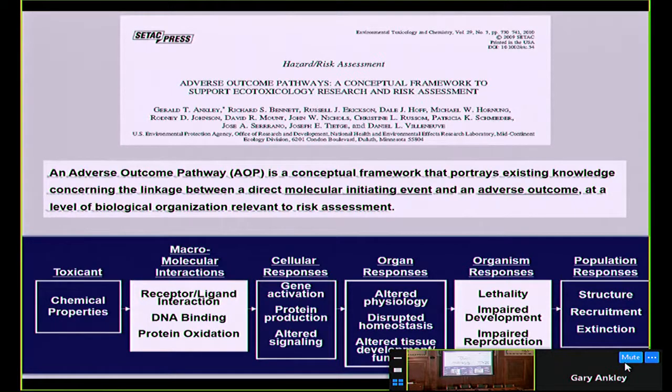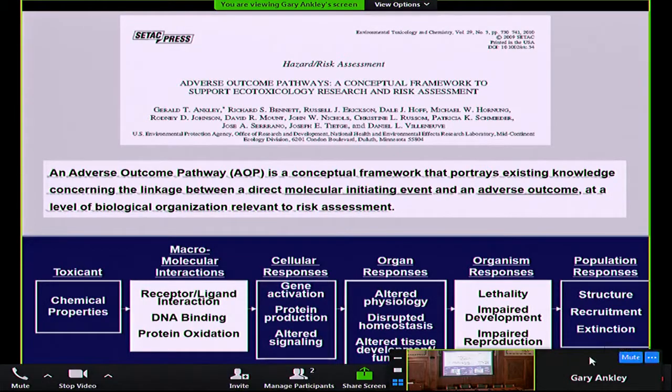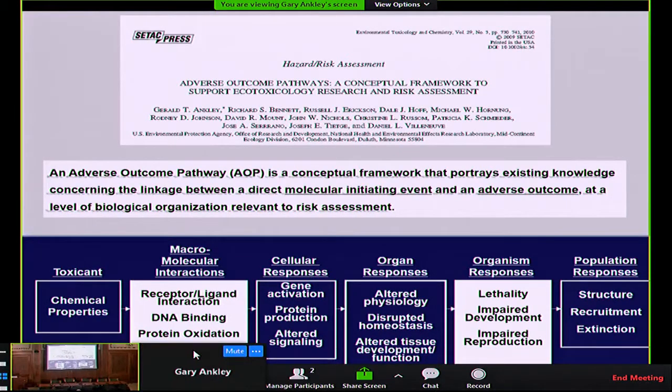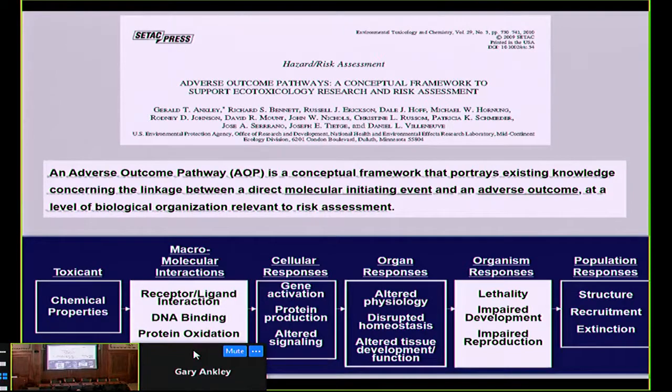This is the initial interaction of a chemical with a biological macromolecule, the subsequent chain of events that occur across biological levels of organization in response to this, and then the culmination in an adverse outcome defined either at the level of the individual or, as is often the case for ecological assessments, at the population level.